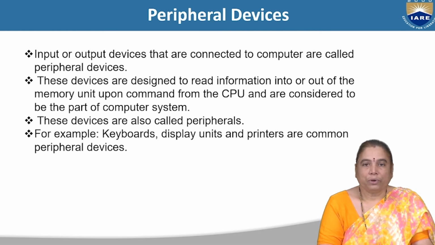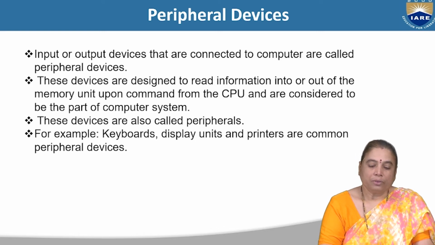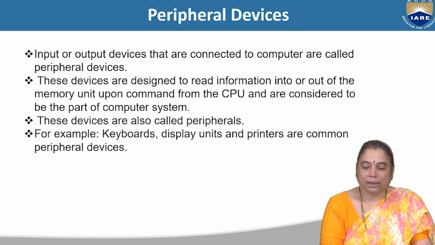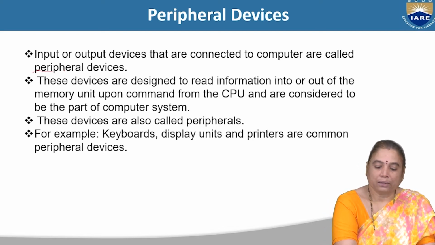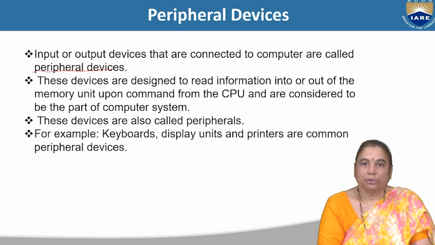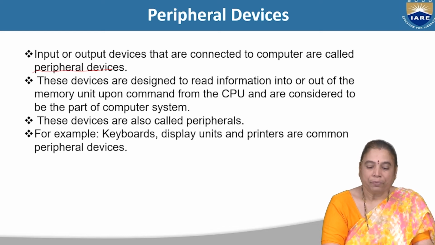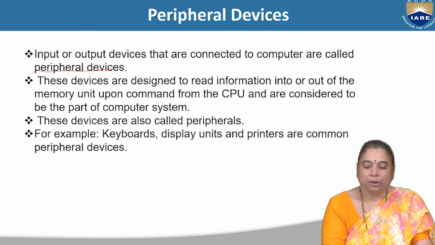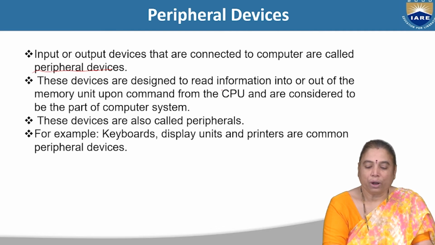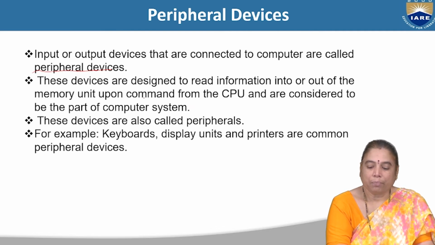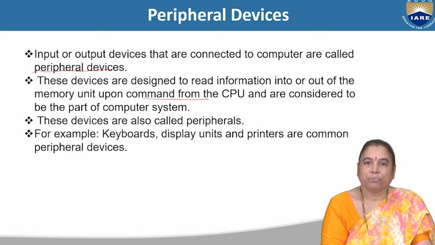Another term that is most frequently used for input-output devices is peripheral devices. Input-output devices that are connected to the computer are called peripheral devices. Input devices and output devices, both categories combined, are called peripheral devices. These devices are designed to read information into and out of the memory unit upon commands from the CPU.